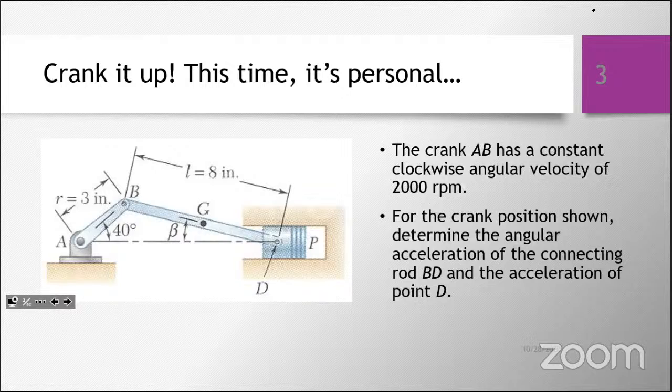We did it once using the rigid body method, and we did it once with instantaneous centers to find the velocities. Now we're going to do it again, and we're going to try to find the accelerations of this link BD. That's the acceleration of the connecting rod and the acceleration of point D. Or, since that's a point on the piston, the acceleration of the piston.